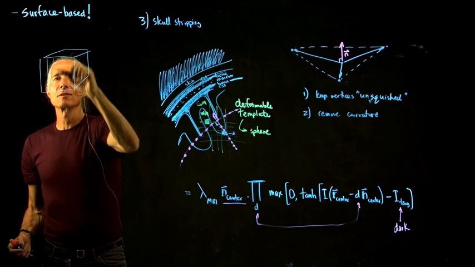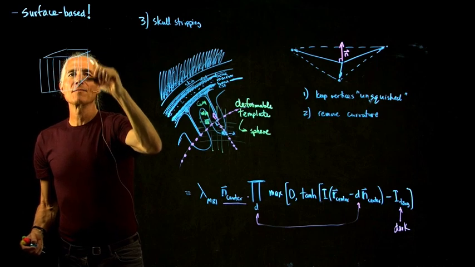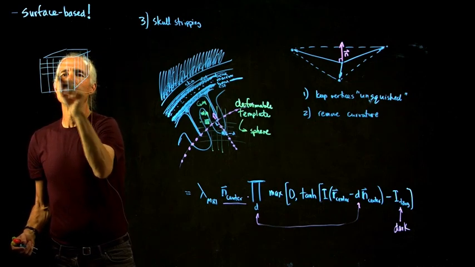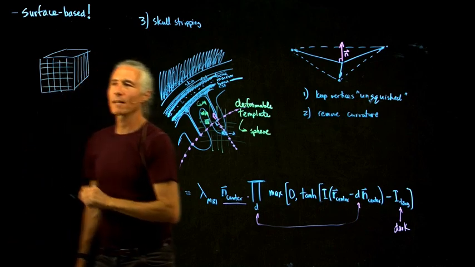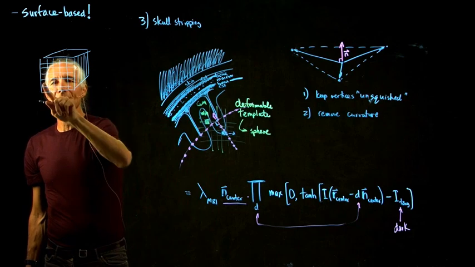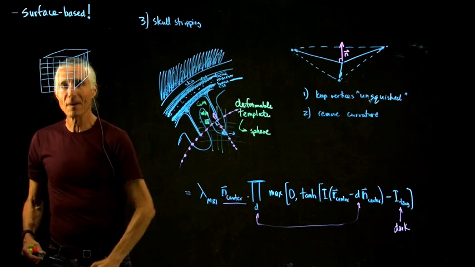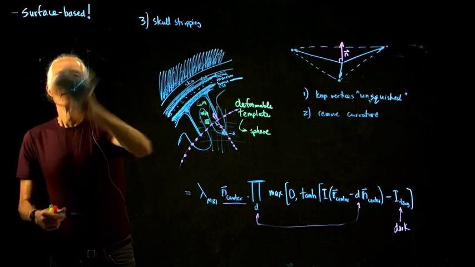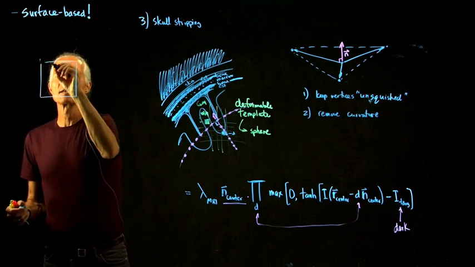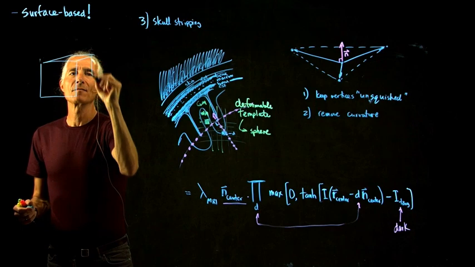You could take a little block of voxels like this, not very many, say like 5. So you could do a 5 by 5 volume, and go to each voxel and then look at its 5 by 5 neighbors.